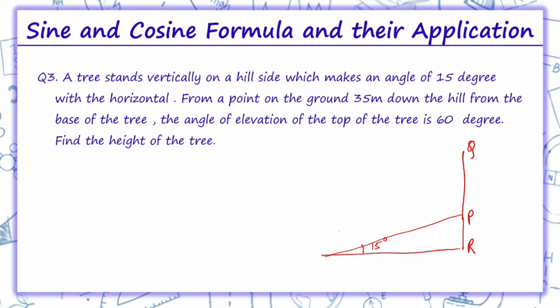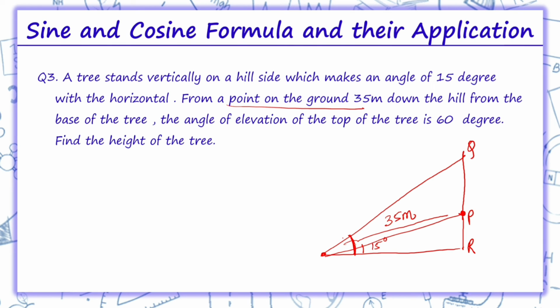Now from a point on the ground 35 meter down the hillside, this side is given to us as 35 meter, as we can see over here. Down the hill from the base of the tree, the angle of elevation of the top of the tree from this point is 60 degree.